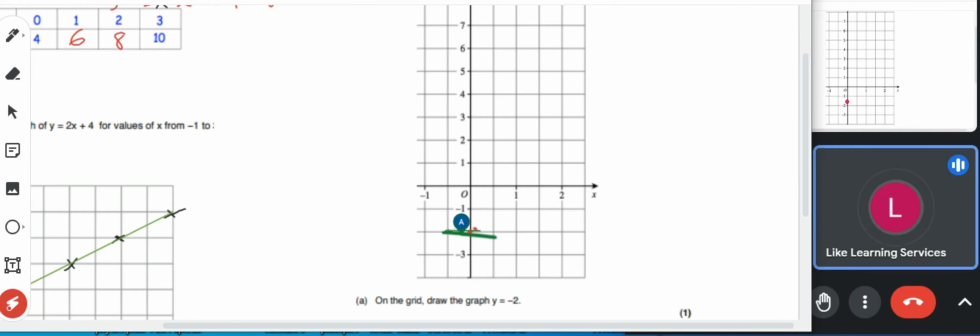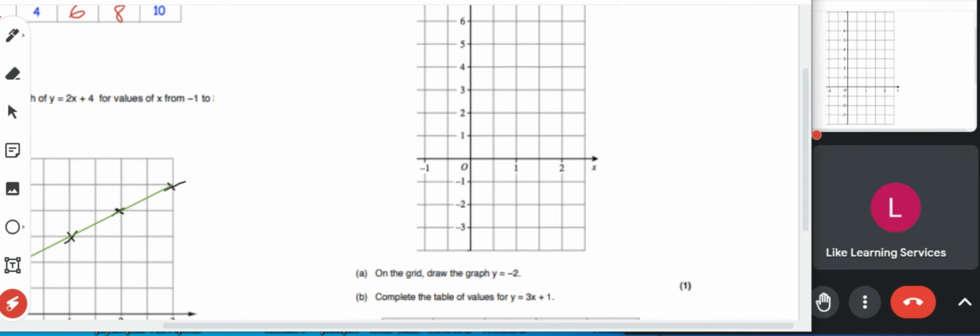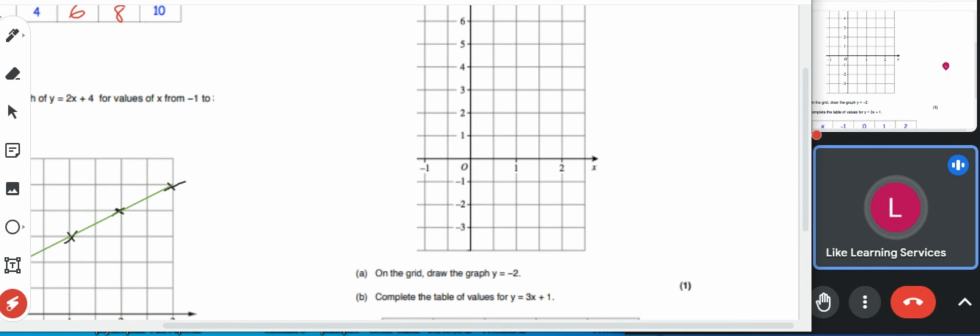Good. Whenever you're given that, just draw a horizontal line along that path. That's the answer. So just draw a horizontal line through that. That's the graph of y equal to minus 2. Go ahead and do it. Draw a horizontal line passing through that point. Use your laser.